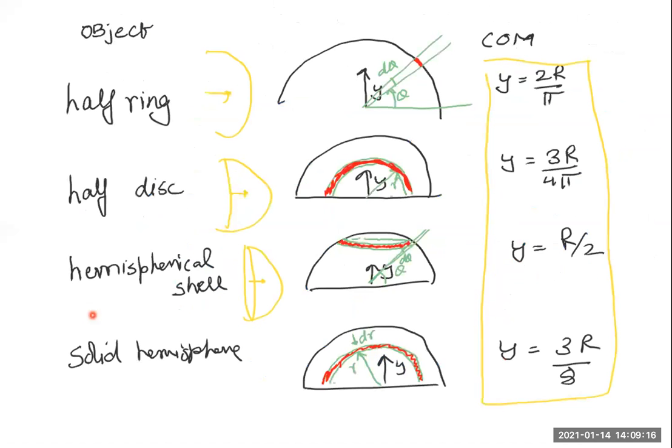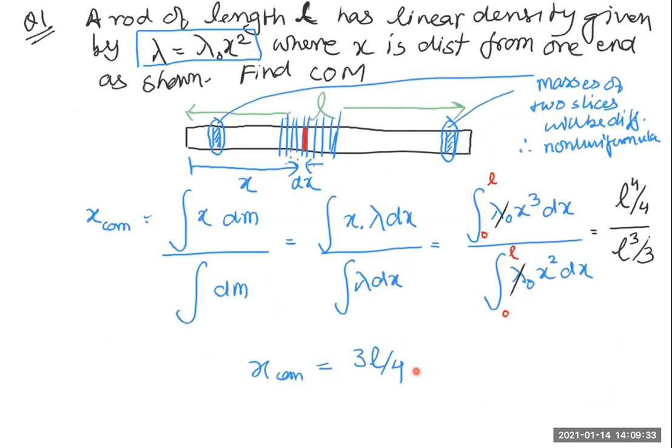For these, I have shown you the elements. यहाँ पे point object है, यहाँ पे half ring है, यहाँ पे full ring है, यहाँ पे hemisphere, hollow hemisphere. So here the element is a point object. Please take a screenshot.